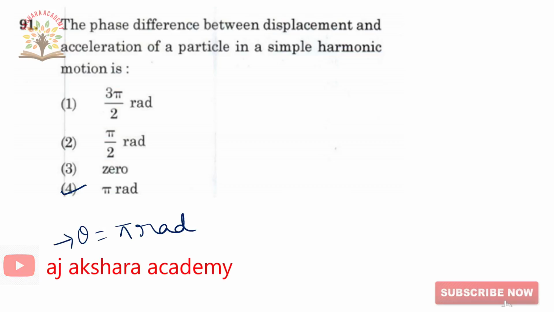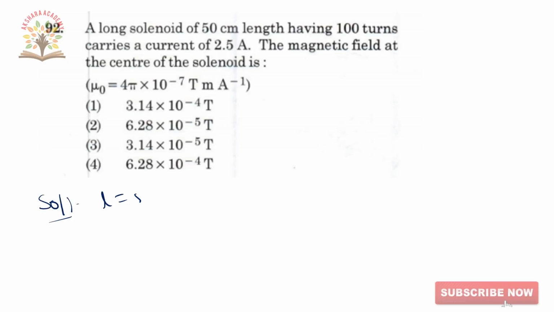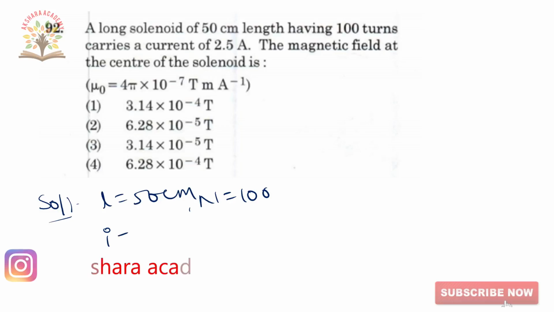And next, go to the next question. Question number 92. Here L is equal to 50 centimeter. Now I am writing the solution directly. L is equal to 50 centimeter, N is equal to 100 and I is equal to 2.5 amperes.